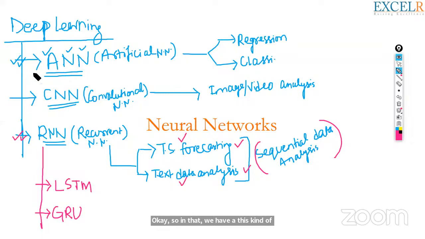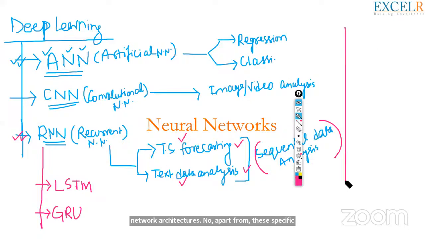Now, apart from these specific neural network architectures, we have some other applications of deep learning or AI. For that, we have some advanced architectures like GANs, generative adversarial networks.